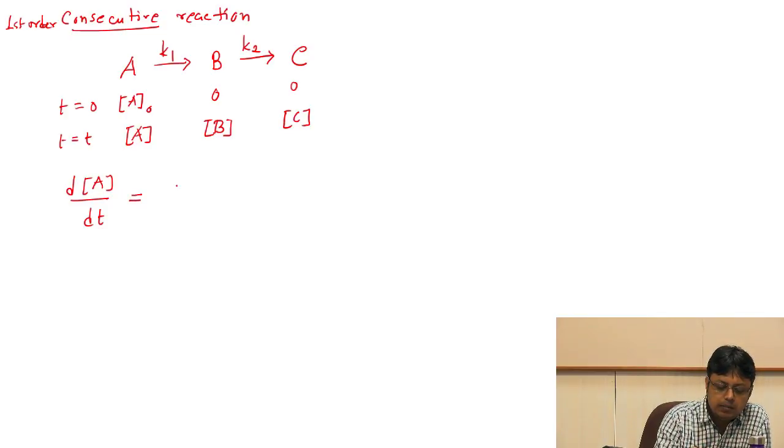Minus dA/dt will be nothing but K1 into A. So that solution is very easy. It's a first order decay. A is nothing but A0 into e to the power minus K1t.